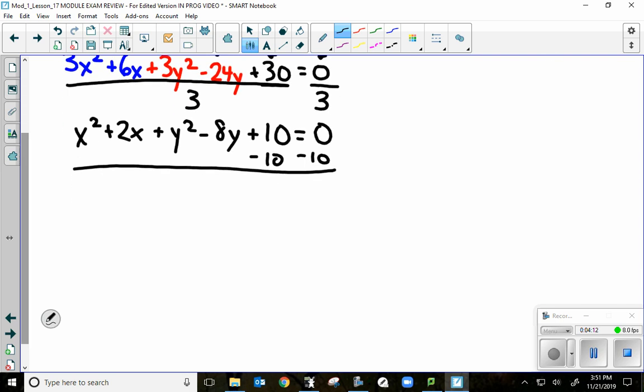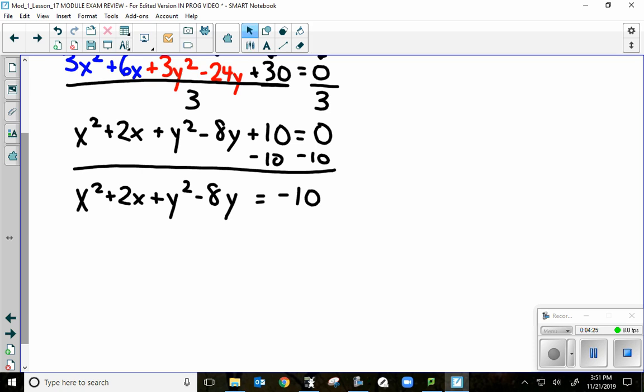So I've got x squared plus 2x plus y squared minus 8y equals negative 10. Now, this was just all algebra work. It was fairly simple. Here's the part to completing the square that you have to know.